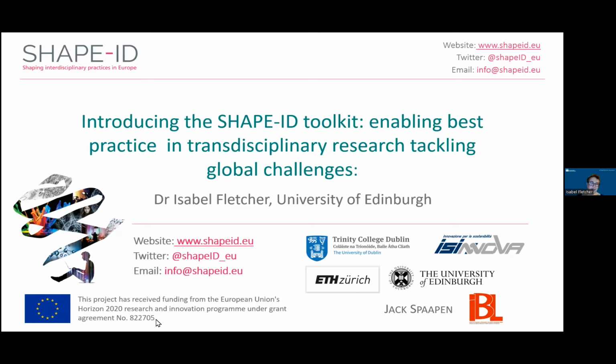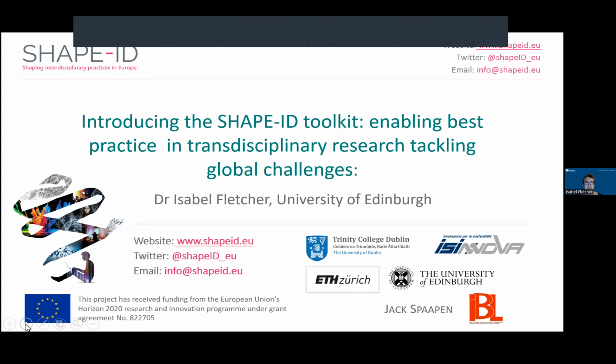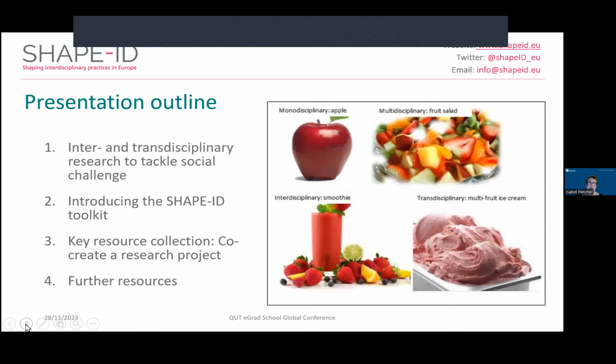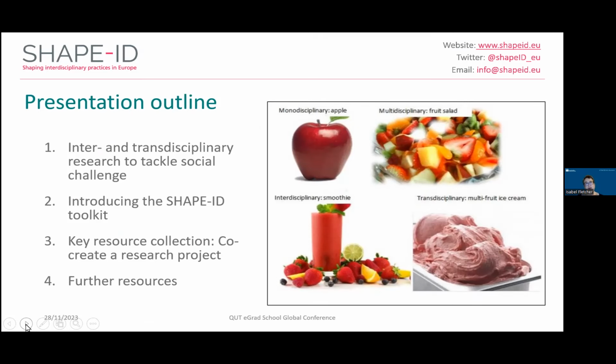And when I get the navigation right, next slide. So I'm going to talk a bit about why we do inter and transdisciplinary research. This is probably very basic to all of you, but it sets the scene for thinking about the different kinds of research that are involved in social challenges and particularly in addressing sustainability concerns.